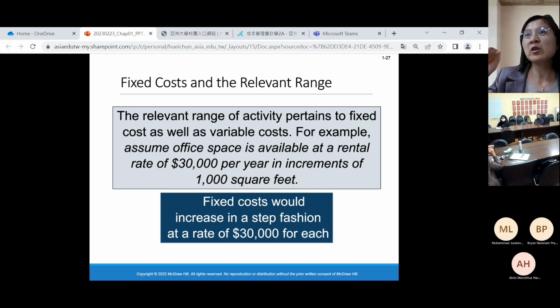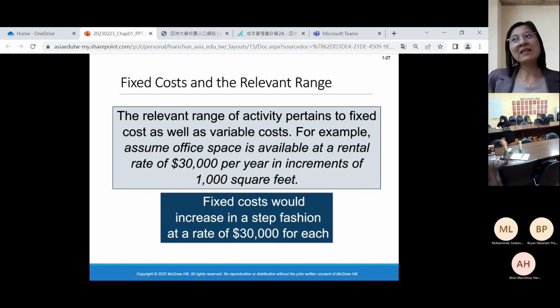But once your usage is over that limit, then you pay for how much more you use. So the fixed cost line is only flat here, but next month maybe it will be higher. The relevant range is this range; outside this range, it's not relevant.